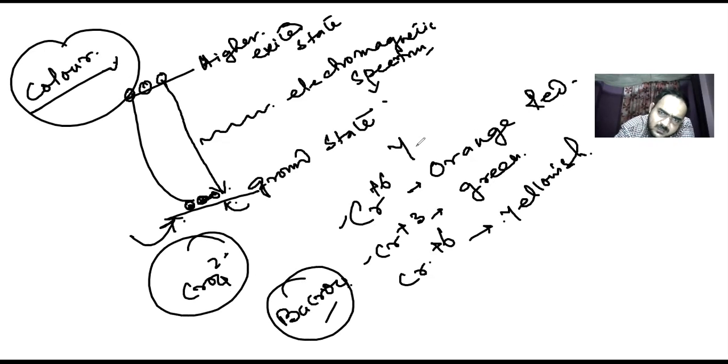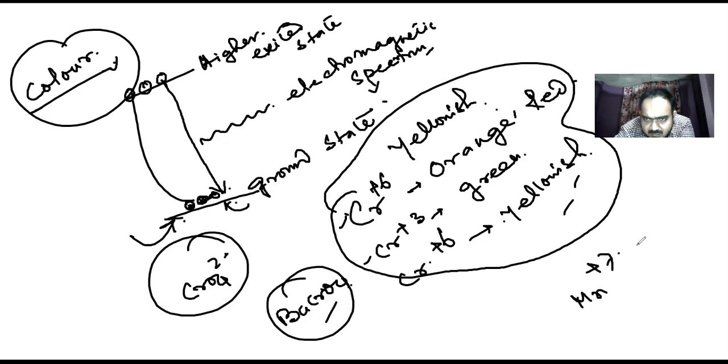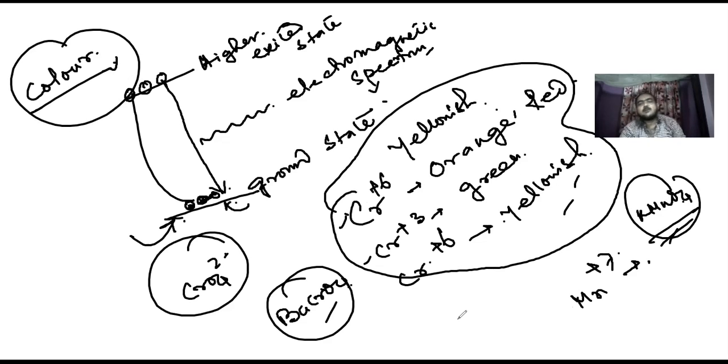So you can see they are intensely colored. Manganese in +7 is very intensely colored. In case of KMnO4, it is intense purple in nature. Ruthenium can produce ruthenium red. Platinum can form the royal blue. Iridium, Vaska's compound, can also produce orange red.